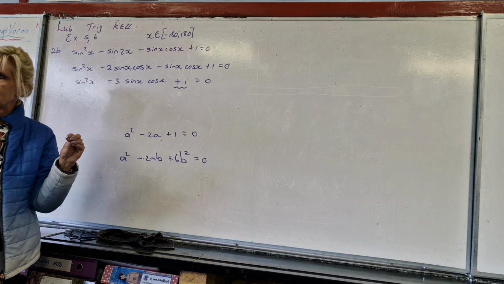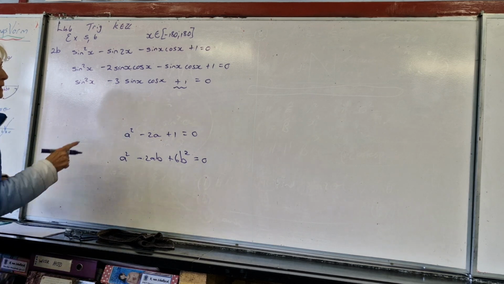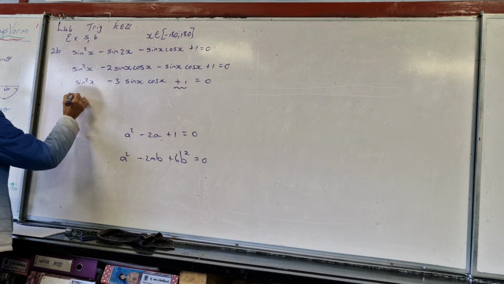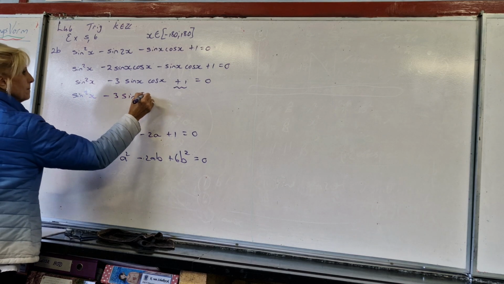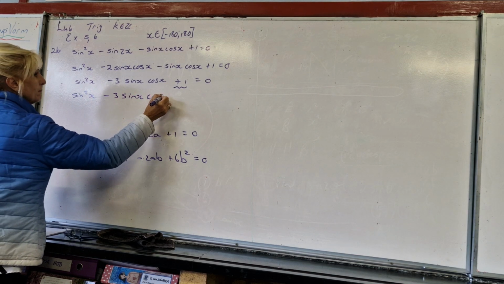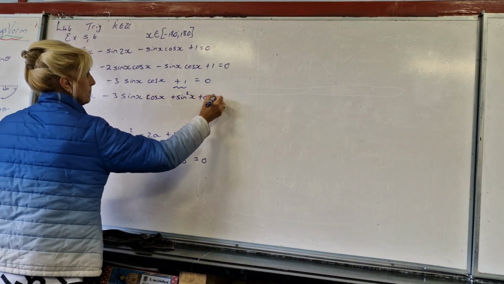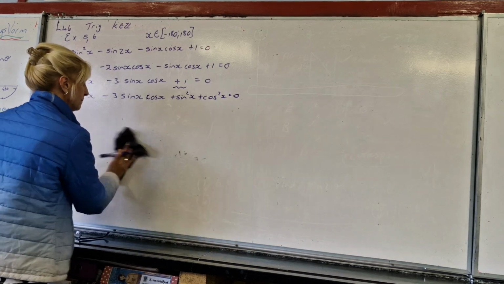You'll take your identity and you'll manipulate sin squared plus cos squared being 1. But this is not an identity, but I could make the 1 what? Sin squared plus cos squared. Is that helping?